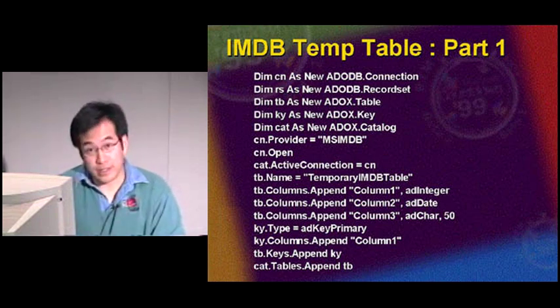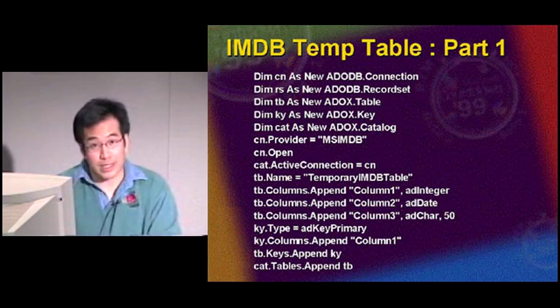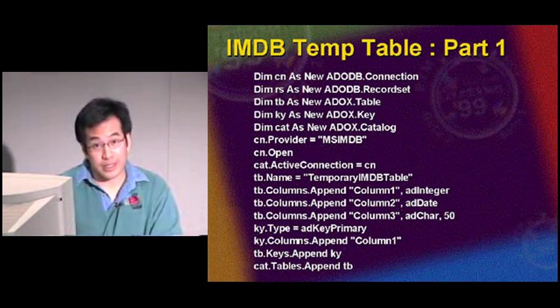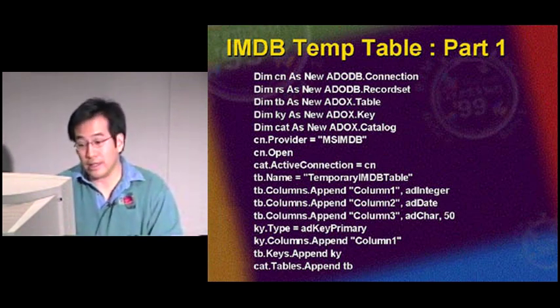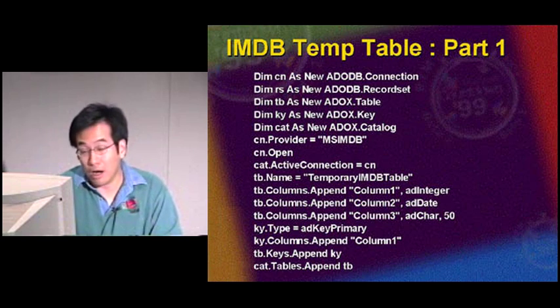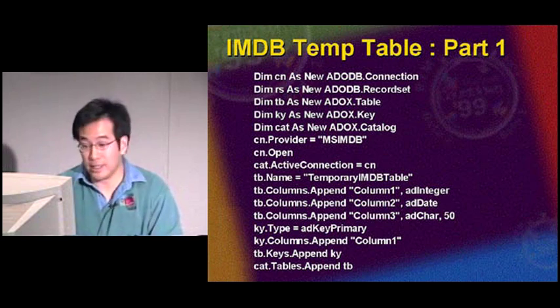Then what we need is a primary key on that table object, so we declare a variable key as the ADOX key object, and we indicate that it's going to be an adKeyPrimary to load a primary key on column 1 into the columns collection of the key object.